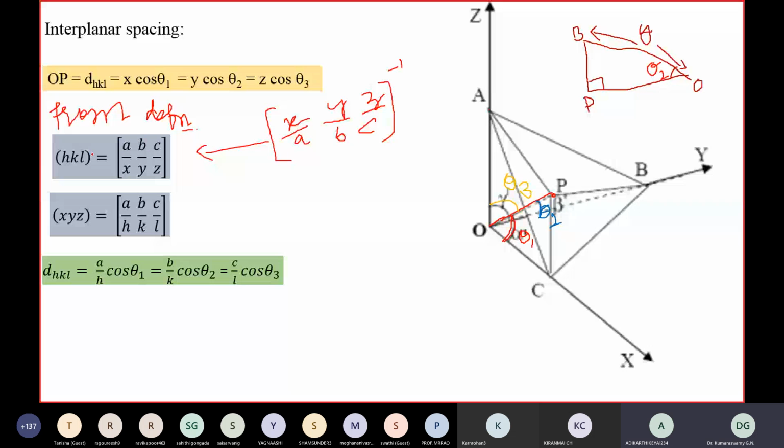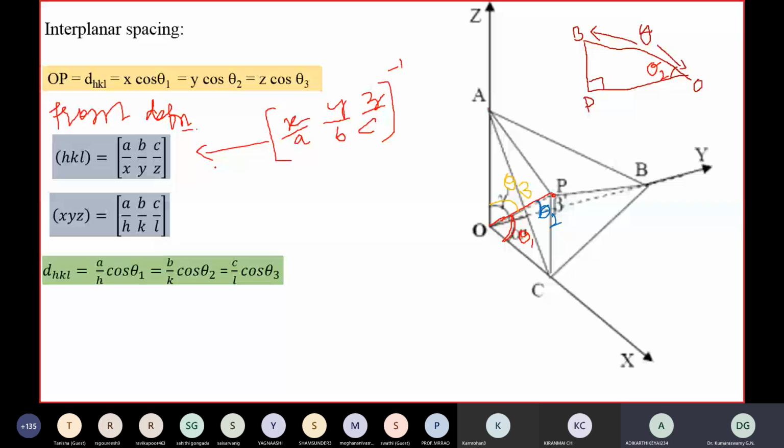Afterwards you will get HKL. If you want the final integer values, you have to take LCM for these values and reduce it to get the three integer values, so that you get HKL. Before reducing, this is the way it is. Thank you, sir.